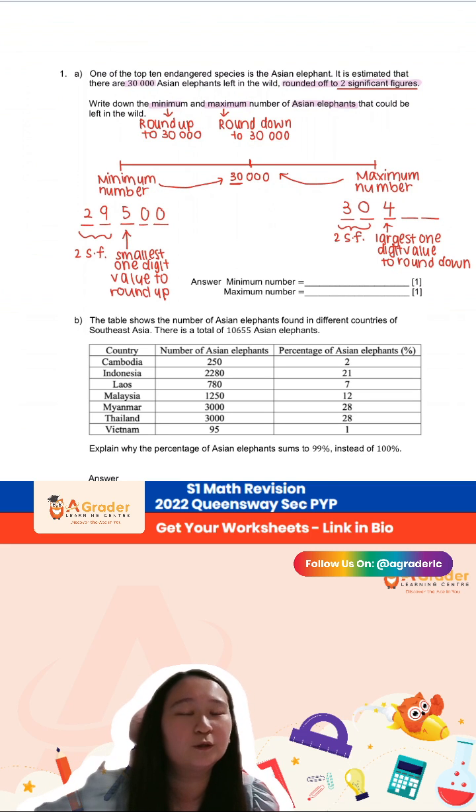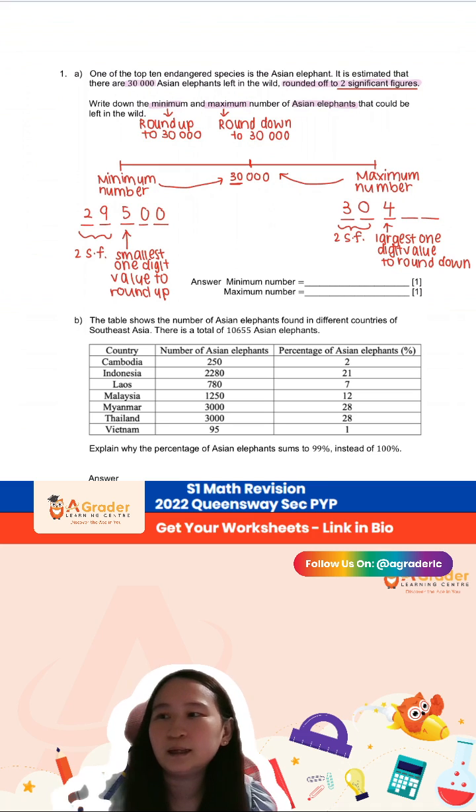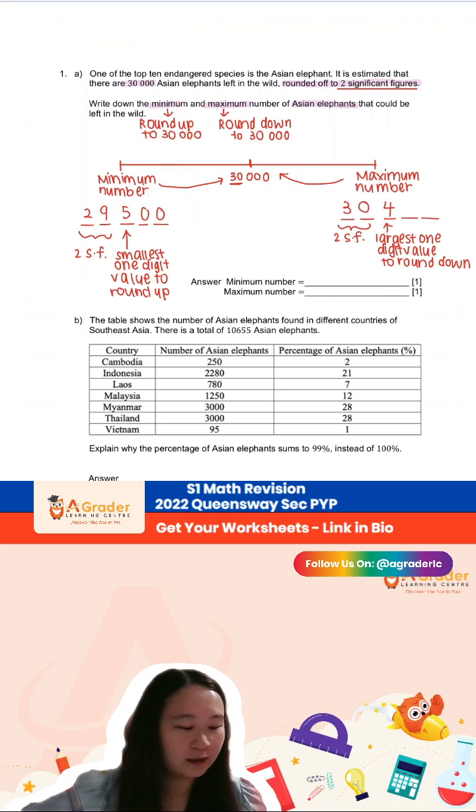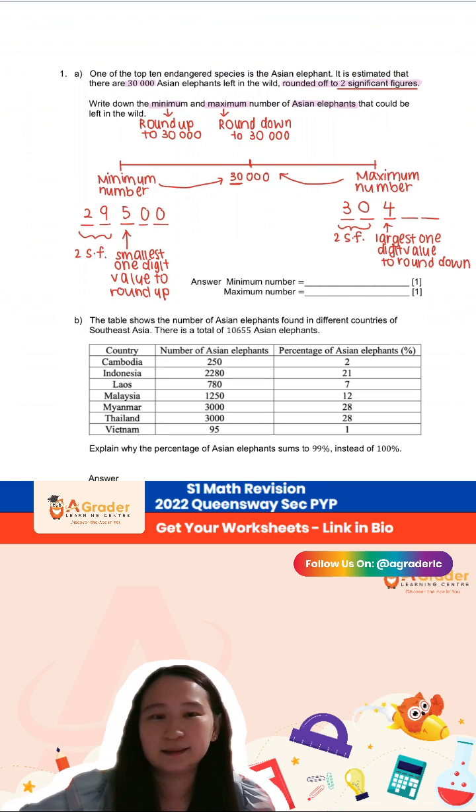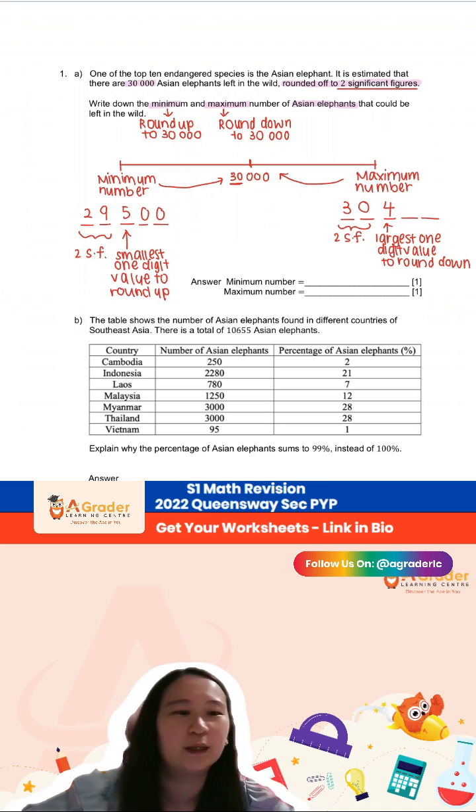So if it's a 4, you will drop the 4 and replace it with 0. Similarly, the last two digits do not affect its rounding up or down, so we just want the largest one-digit number. What is the largest one-digit number?